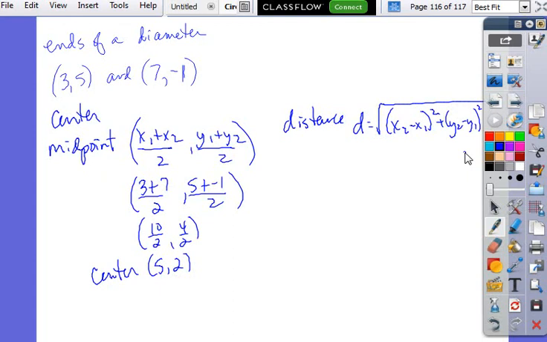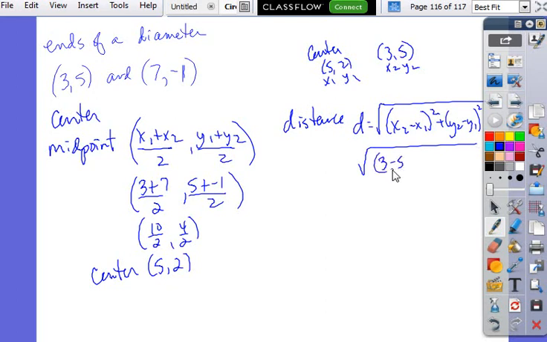I've got to use that point and then one of the other 2. So I'm just going to say, okay, I'm going to use my center point, which is 5, 2, and I'm going to pick the first one over there, 3, 5. I'm going to say there's x1 and y1, there's x2 and y2. Plug those numbers in. x2 is 3 minus x1, 5, and then 5 minus 2 squared there.